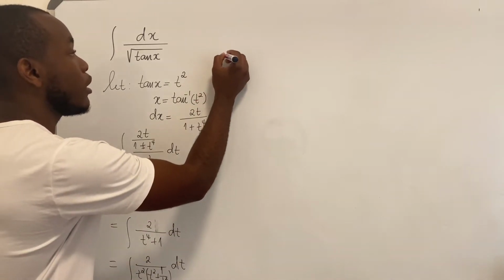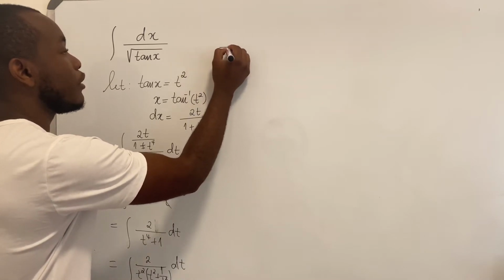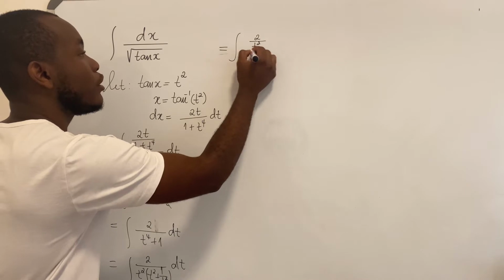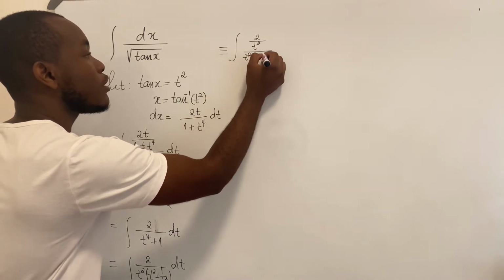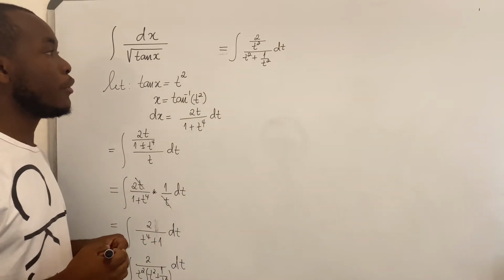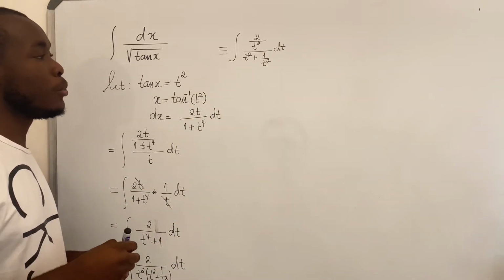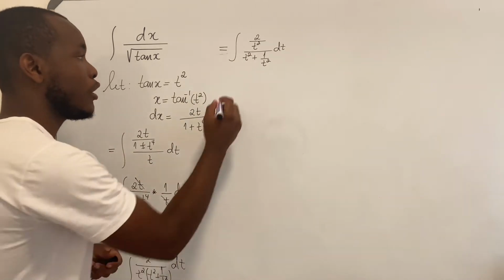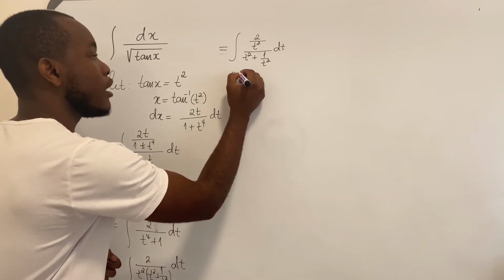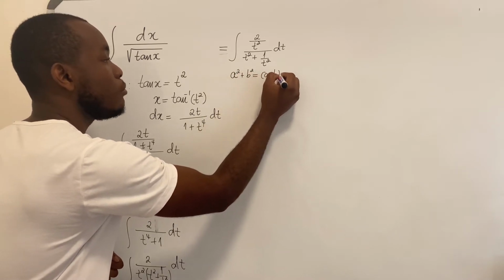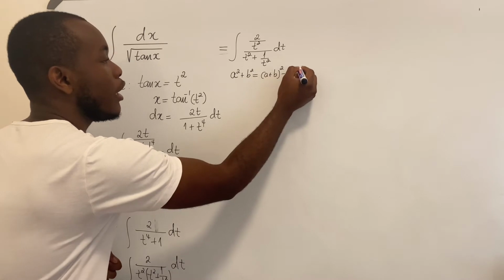So that means what is going to happen? We're going to have in this case now the integral of 2 over t squared, over t squared plus 1 over t squared, dt. Okay, so perfect now. So what do we do now? If we see we have t squared plus 1 over t squared, we can simply apply this approach: a squared plus b squared is equal to a plus b squared minus 2ab.